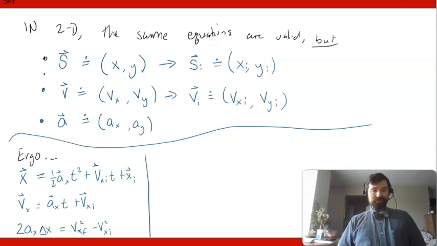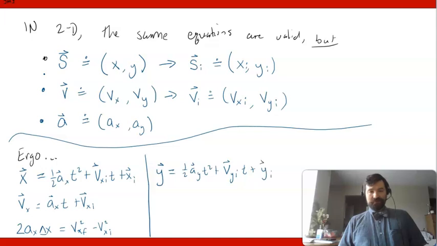And along similar lines, I could write my equations for y to represent 1/2 ay t squared plus vy initial t plus y initial. And I could write my velocity for y to be ay times time plus vy initial.